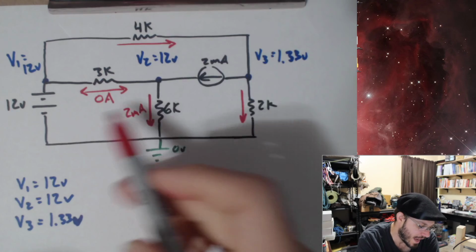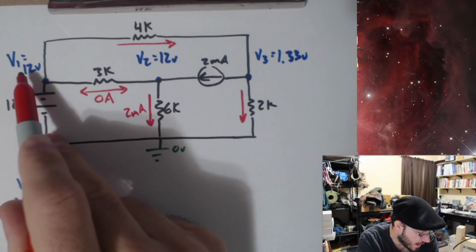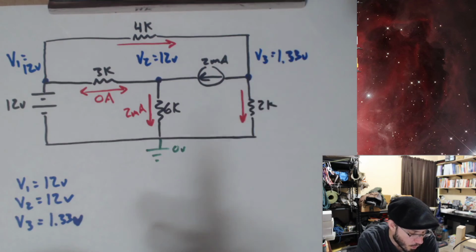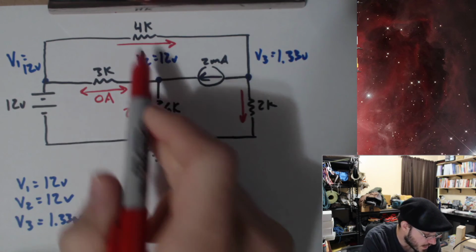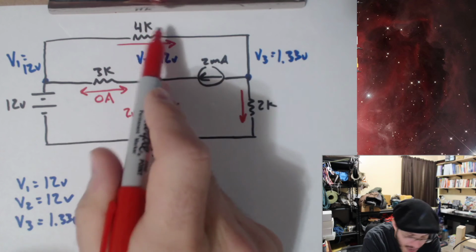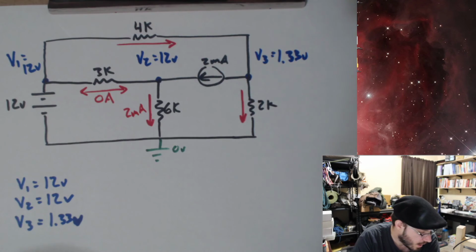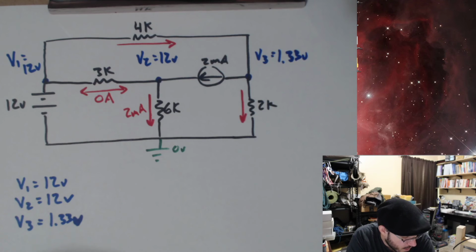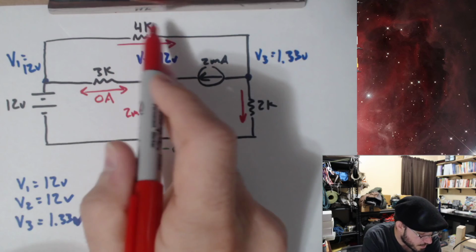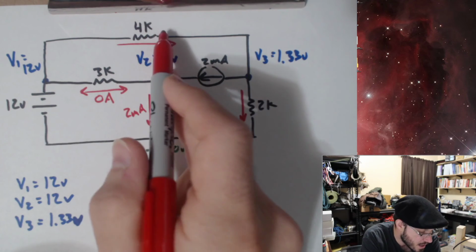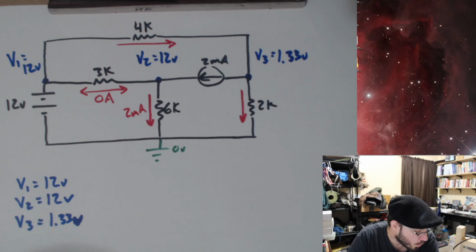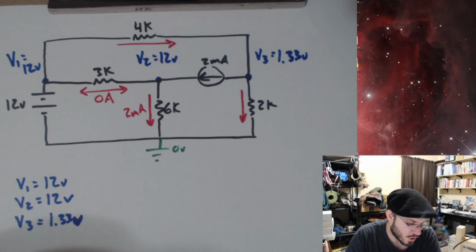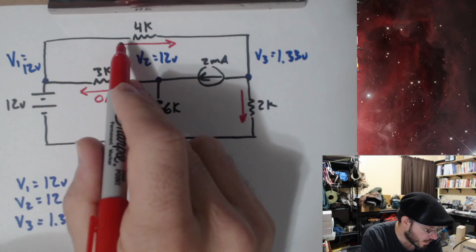Awesome. Okay, and then over here, 12 volts minus 1.33 volts gives you the voltage drop across here. And if you are ever a little lost with what's going on and you're like, well, how do I express the voltage drop across here? There's no reason to have to try and intuitively figure that out.